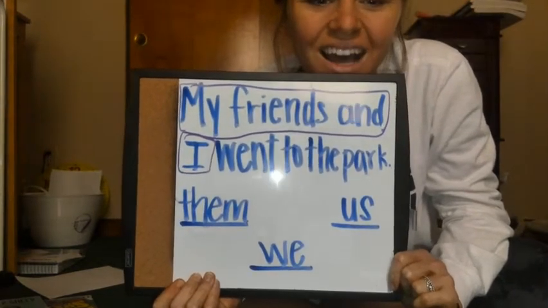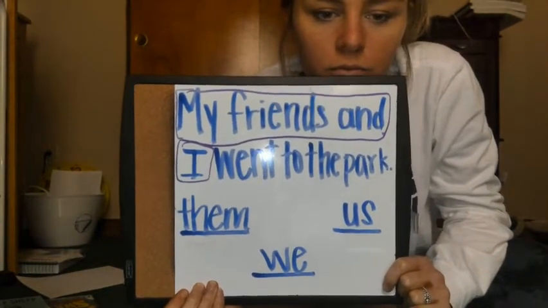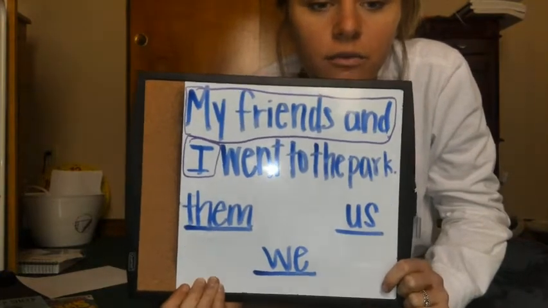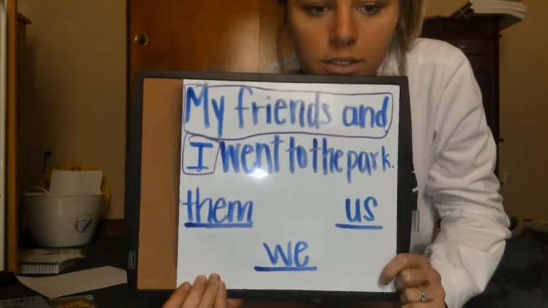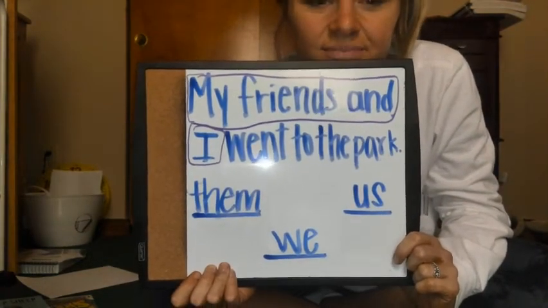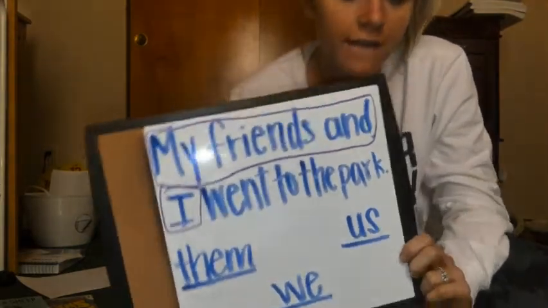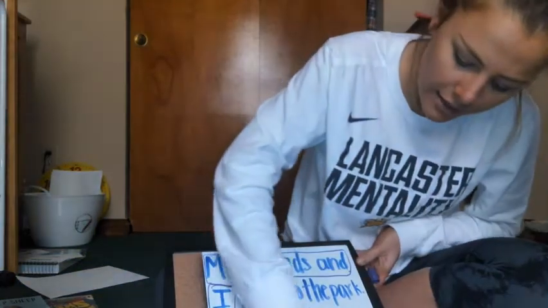So my friends and I went to the park. If I'm part of that group, which one would I use? You could also read them to yourself. Them went to the park. We went to the park. Us went to the park. Which pronoun makes sense? Good. If you said we went to the park, that is exactly correct.